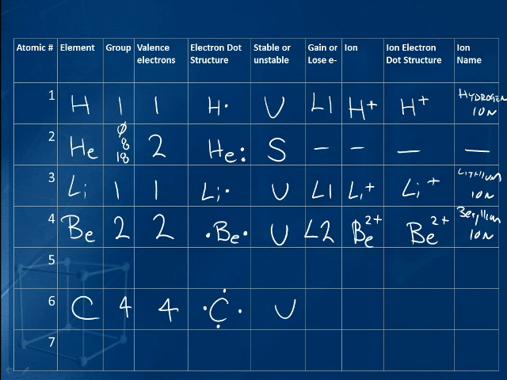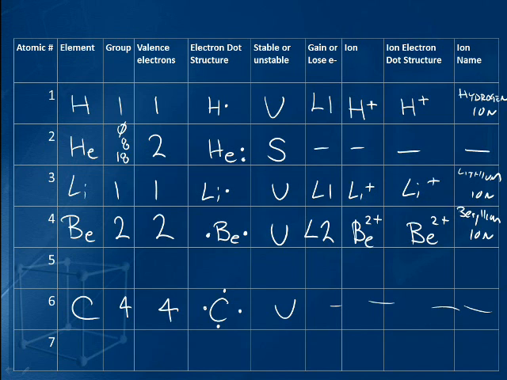They don't gain or lose electrons to become stable. In order to become stable, they usually form covalent bonds. They share electrons. So they're involved in bonding that will cause them to share with others. They don't donate or take electrons from anything else. So we're really not going to look at anything in group 4 as ions.